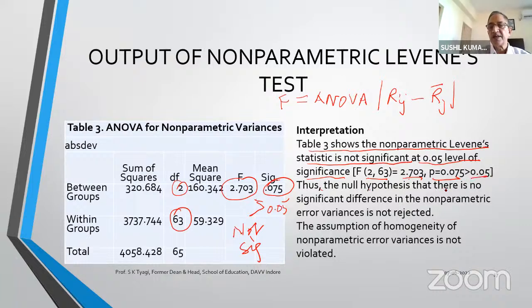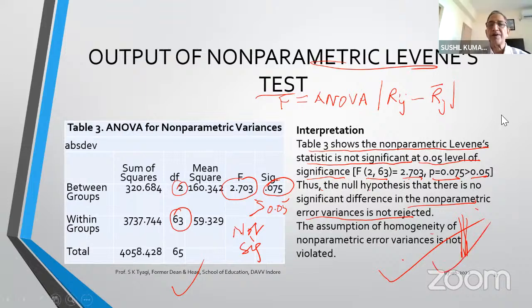Therefore, the null hypothesis that there is no significant difference in the non-parametric error variances is not rejected. Therefore, the assumption of homogeneity of non-parametric error variance is not violated. So the assumption of similarity of shape is not violated. It is met. The assumption of non-parametric Levene's test is met. Now we can conduct one-way non-parametric ANOVA. So now both these assumptions have been tested.